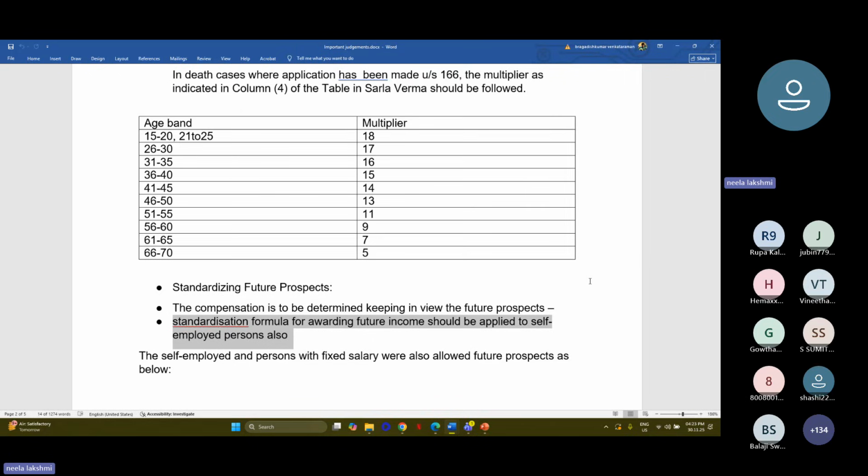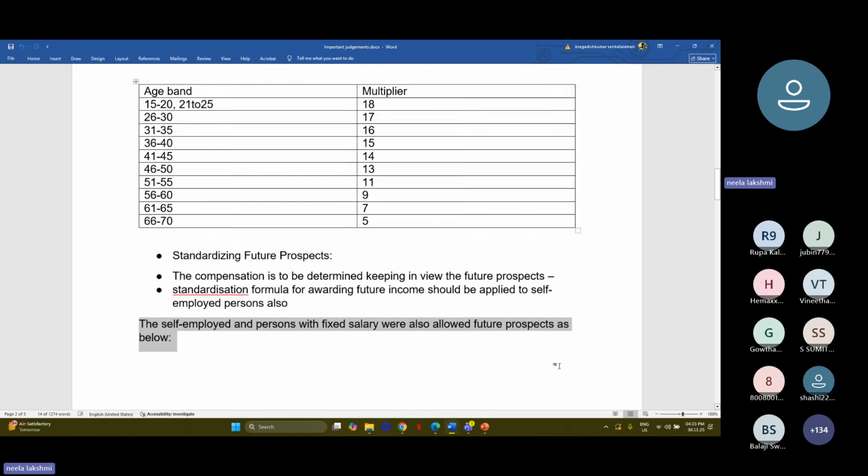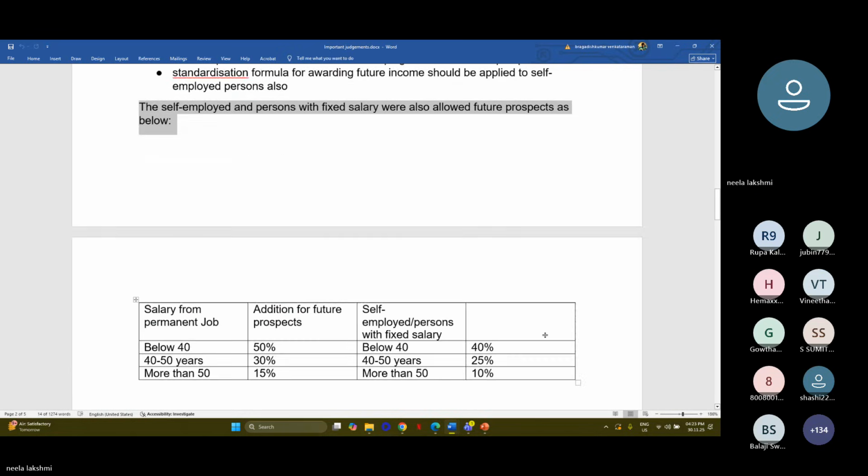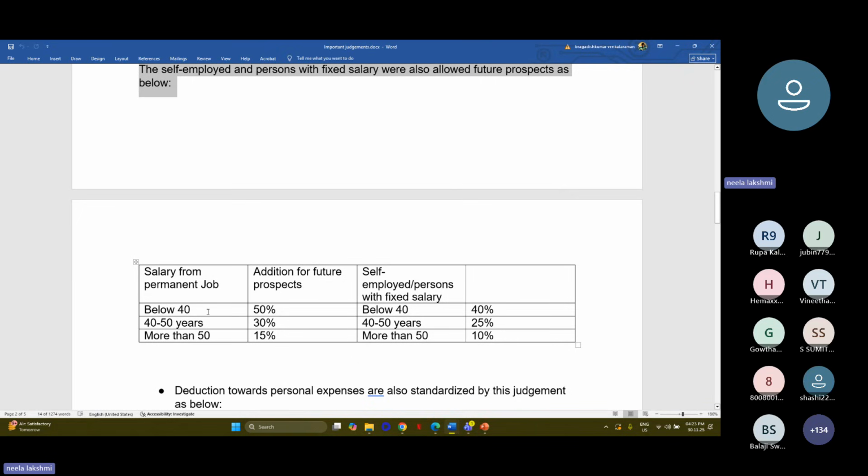But the Pranay Sethi judgment extended it to self-employed persons, non-salaried people also. The self-employed people and persons with fixed salary were also allowed future prospects as below. For salaried, permanent job, the table is given here.